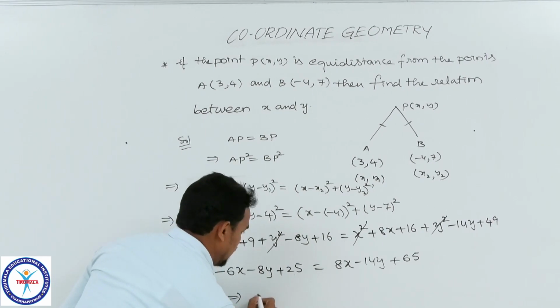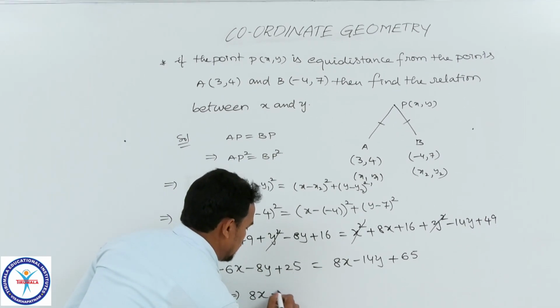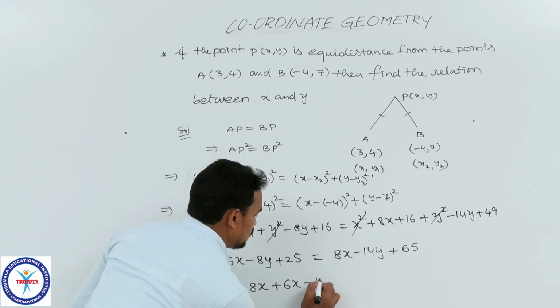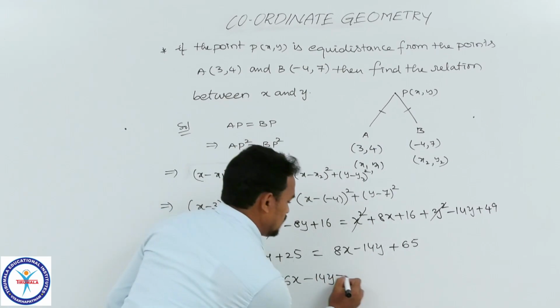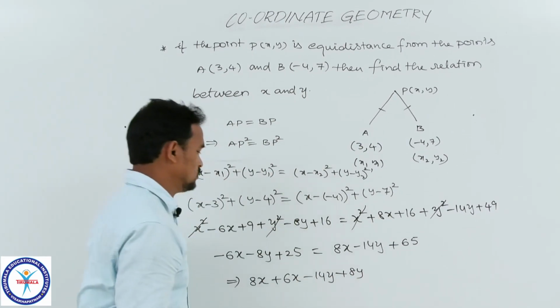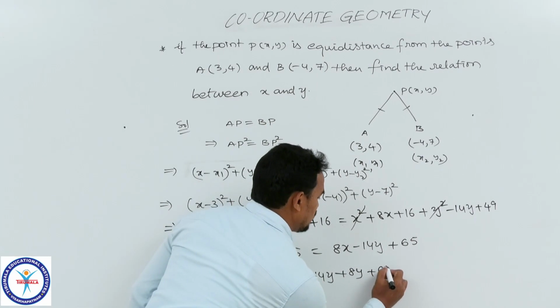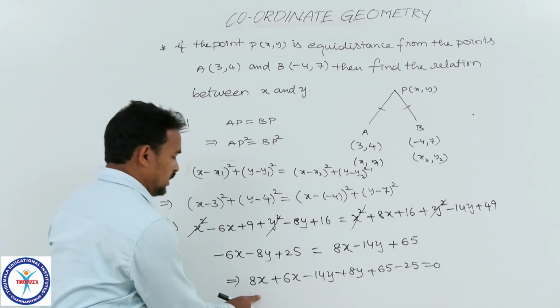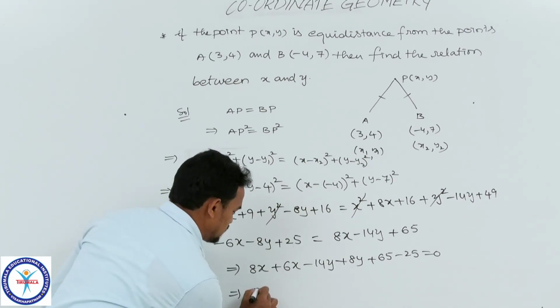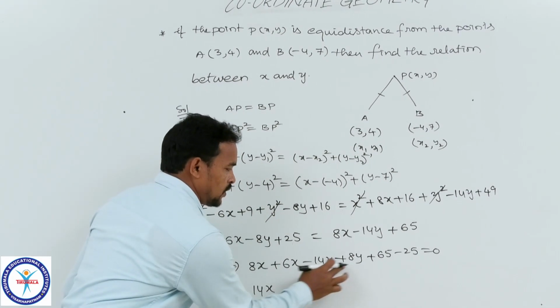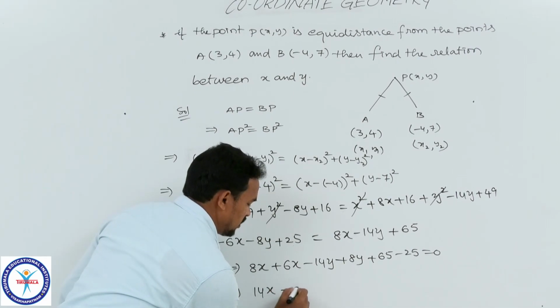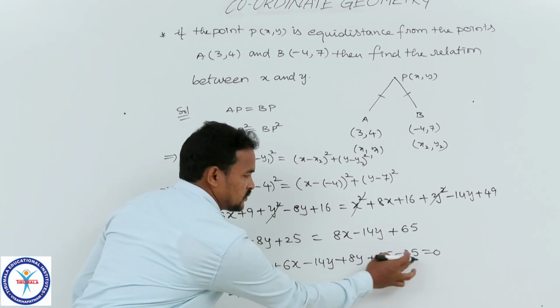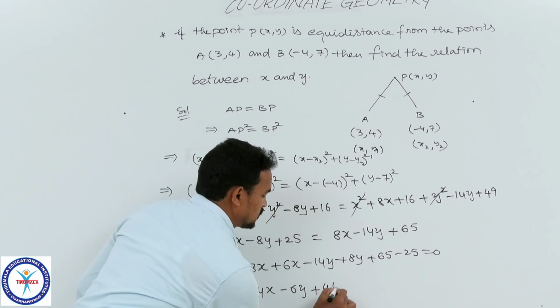Now it can be written as 8x plus 6x minus 14y plus 8y plus 65 minus 25 equals 0. 8x plus 6x is 14x, minus 14y plus 8y is minus 6y, and 65 minus 25 is 40, equals 0.